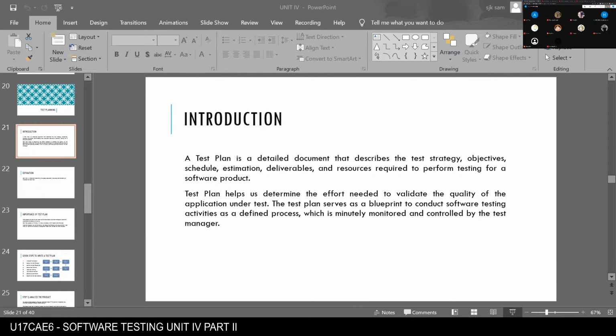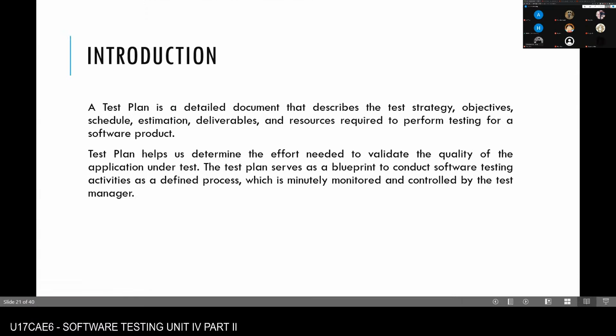So a test plan, so planning, all of you know what is the meaning, right? So you draw detailed diagrams as to how to do a particular thing. Okay, so this is particularly self-explanatory. So a test plan is what? It's nothing but a document which describes strategy, objectives, schedule, estimation, deliverables.